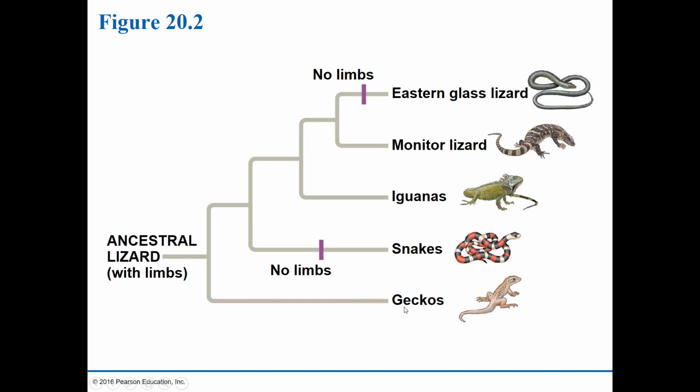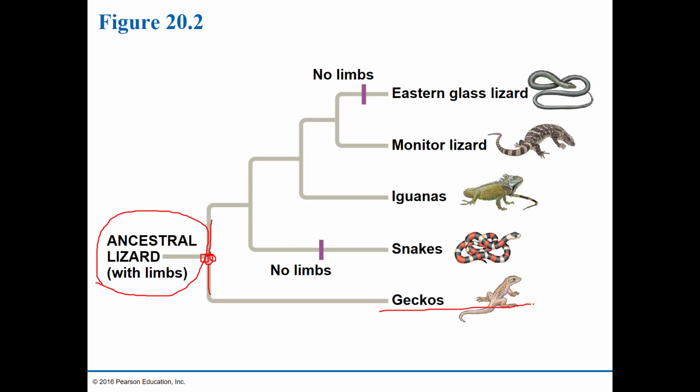Okay, so geckos evolved from these ancestral lizards down here. But then up here, every little kind of trunk of the tree or branch here. So we have our ancestral lizard right here. Here it shows that we made 2 different types of animals.